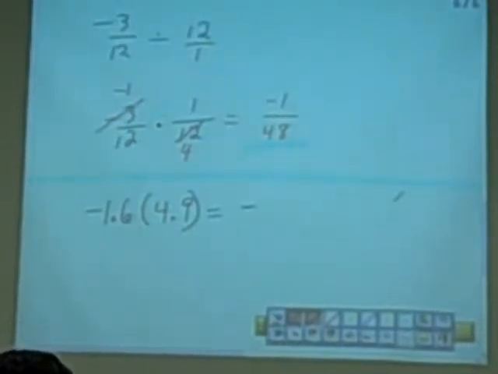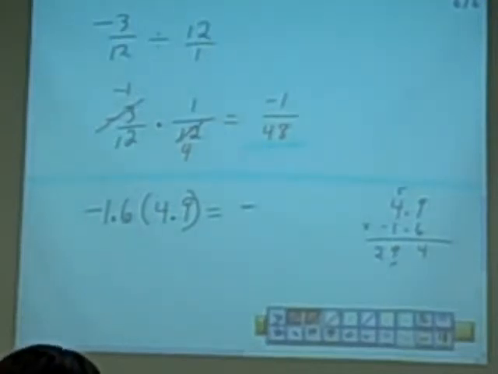So we're going to multiply 4.9 times 1.6. 6 times 9 is 54, and then 6 times 4 is 24, and 5 is 29, and then 1 times 9 is 9, 1 times 4 is 4, and then that'll be 4, 9 and 9 is 18, and then that'll be 7.